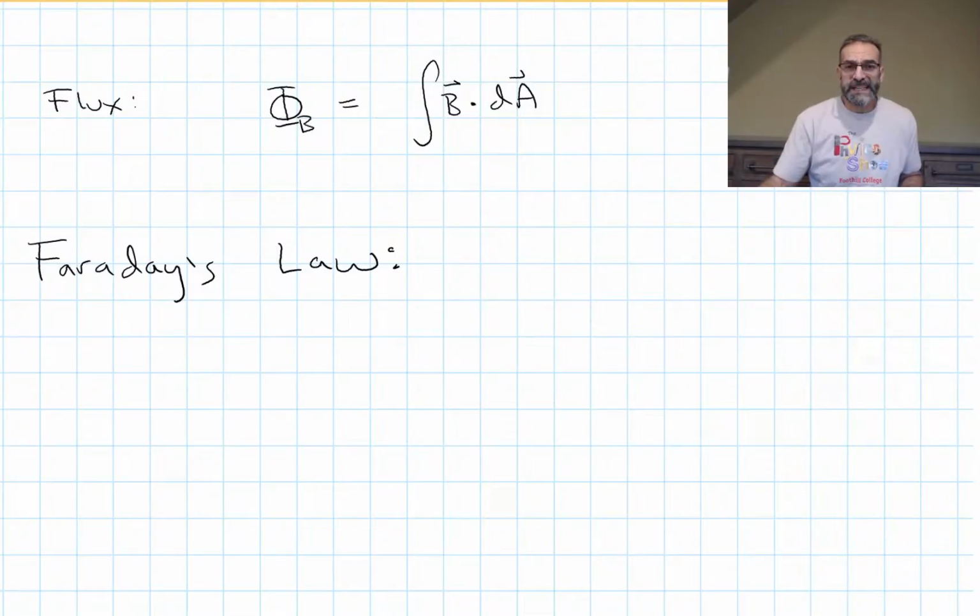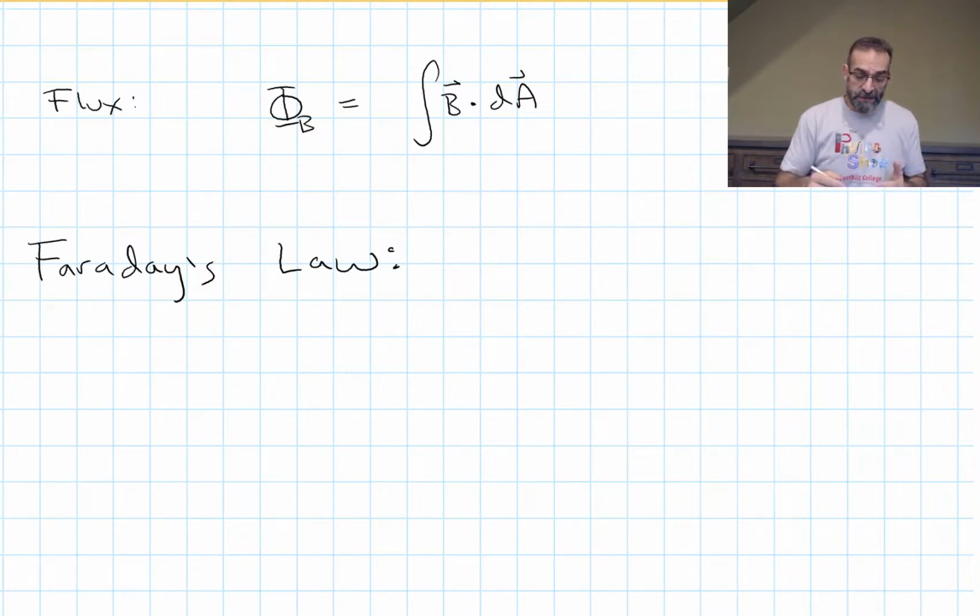Well, what is it that depends on the change of magnetic flux? We had a loop of wire, no batteries, no source of EMF. When we moved the magnet toward it or away from it, we would get current flowing, as if there was a battery hooked up there, as if there was an EMF induced in that loop of wire.